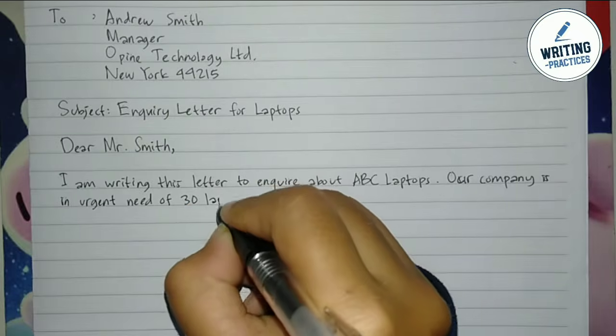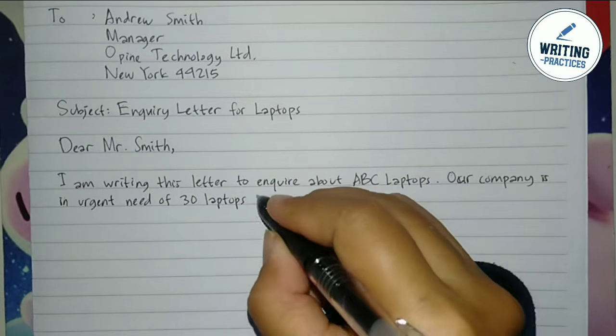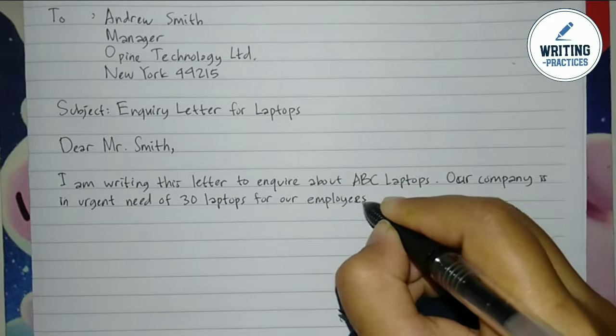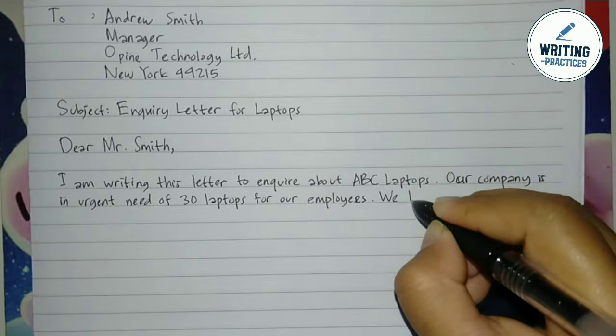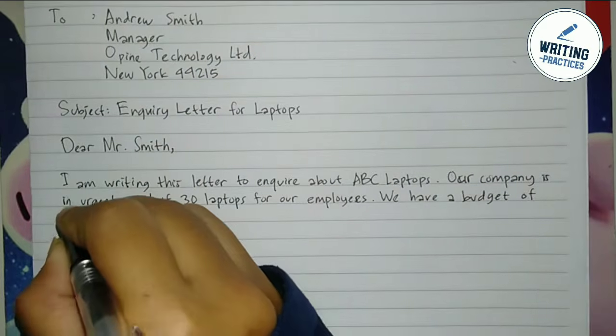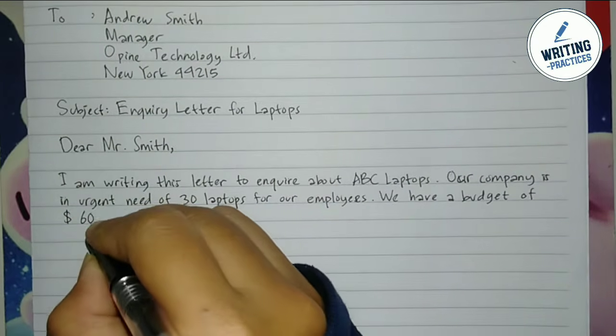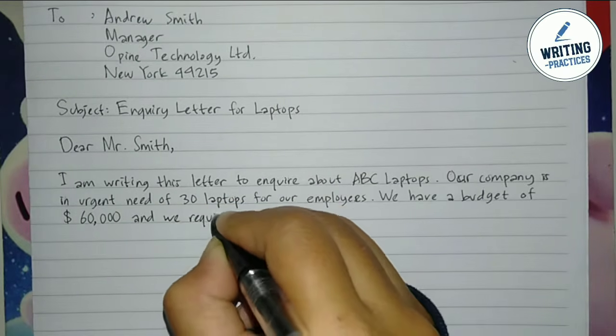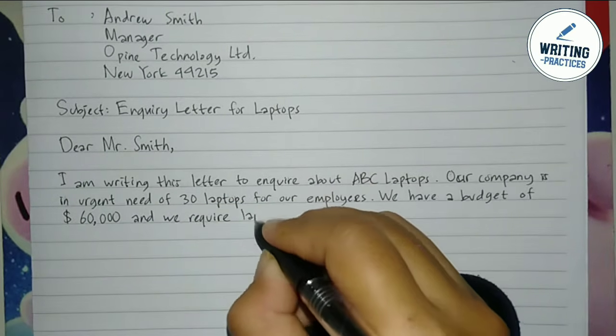In this example, the writer's company urgently needs 30 laptops. And here, you can tell your situation, including the budget since you want to buy something. So, you need to clearly state the budget in an amount of money, like $60,000 for example.